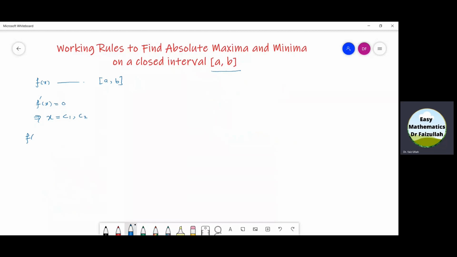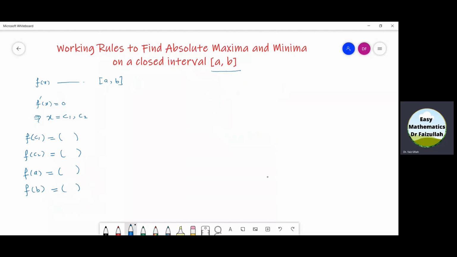Then put C1 in the given function and obtain its value. Put C2 in the given function, obtain its value. Put point A in the given function and obtain its value. Put B in the given function and obtain its value.